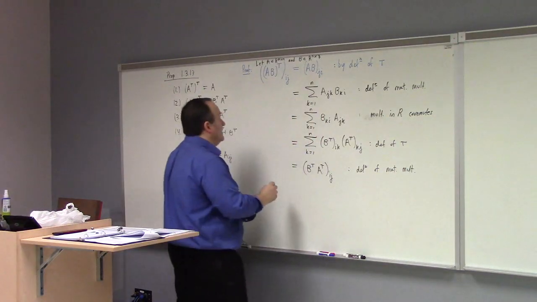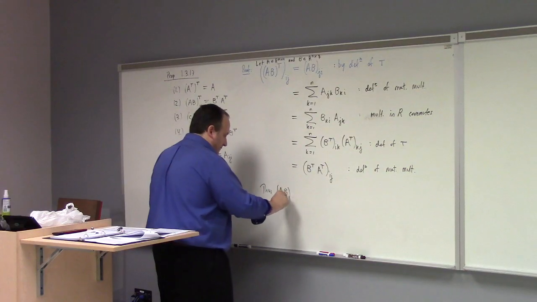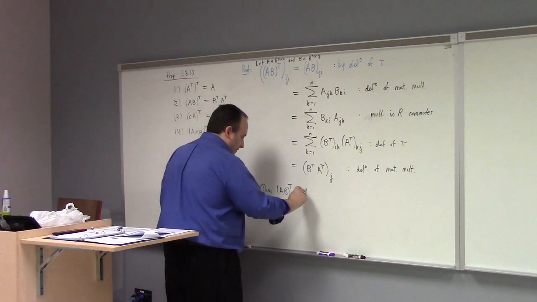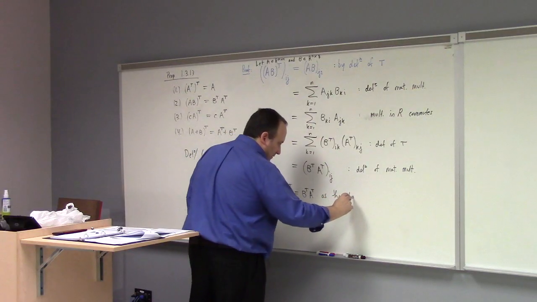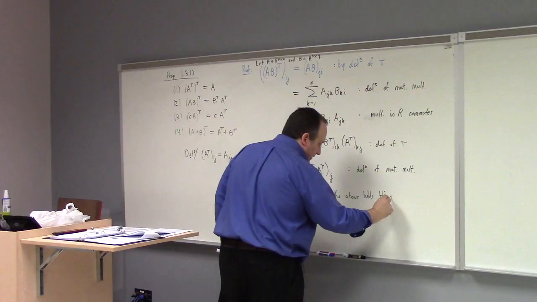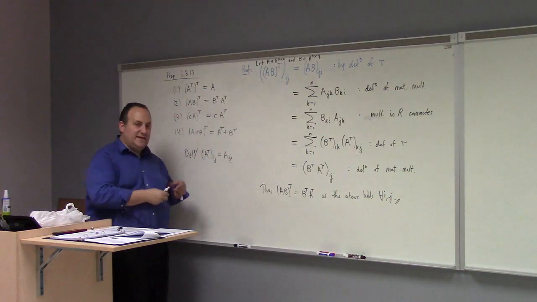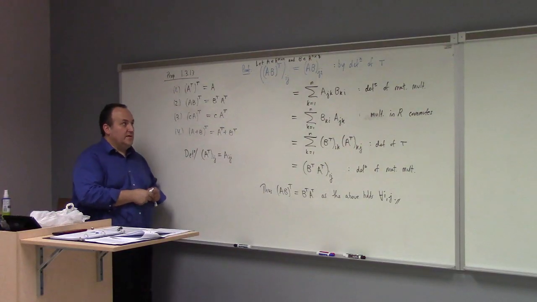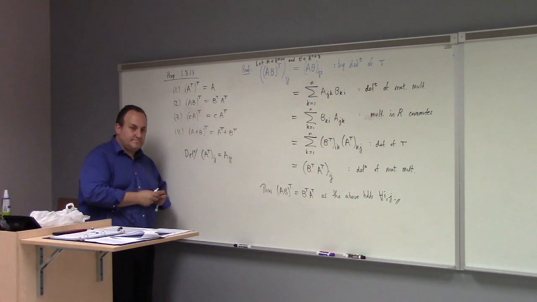Thus, (AB) transpose is equal to B transpose A transpose, as the above holds for all i and j. So there you go. That is an index-theoretic proof of the so-called sock-shoes identity for matrix multiplication.